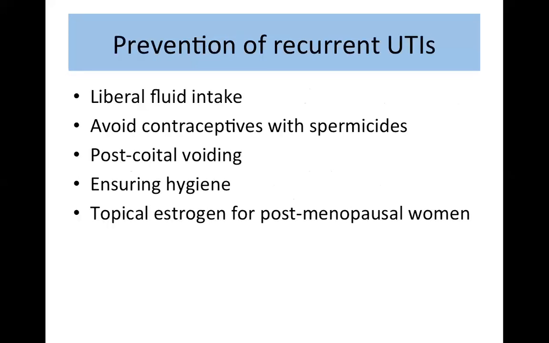So it's important to educate and manage these patients with recurrent UTIs. There are several non-pharmacological measures you can use. One thing is to ensure that they drink a lot of fluid, because that helps to flush the pathogens out, and studies have shown that asking them to drink more water reduces the episodes of infections.